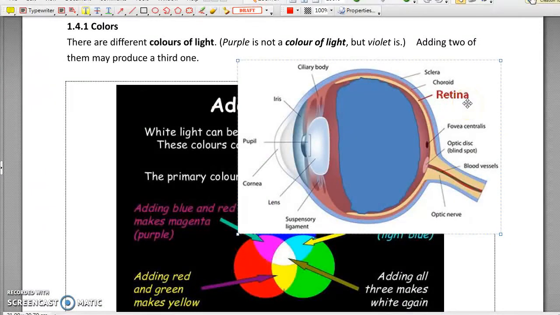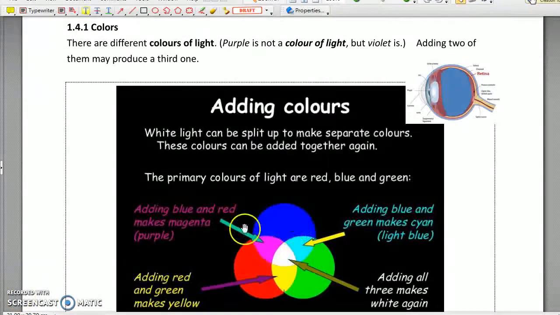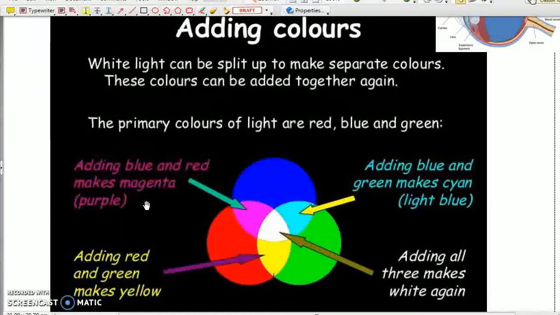However, due to the structure of the retina in our eye, adding different colors of light together may produce another color of light. For example, blue and red light combine to produce magenta or violet.